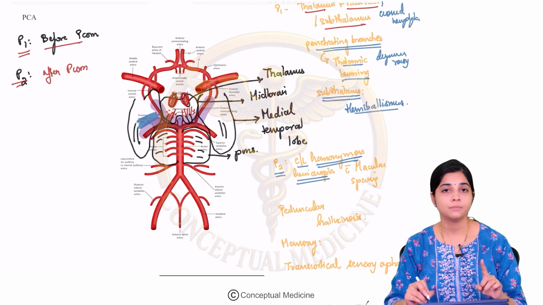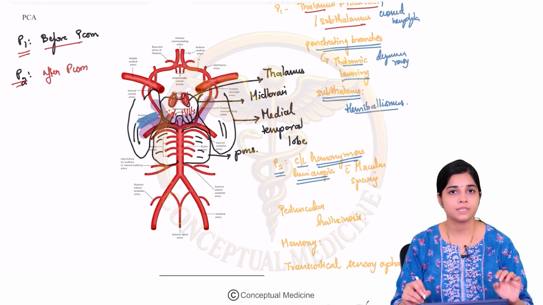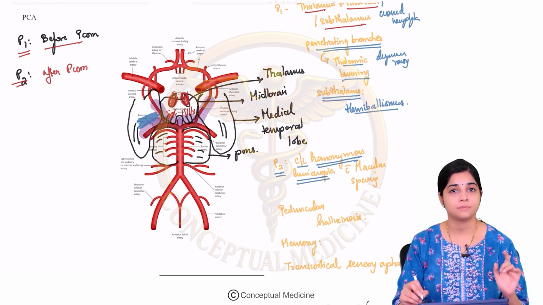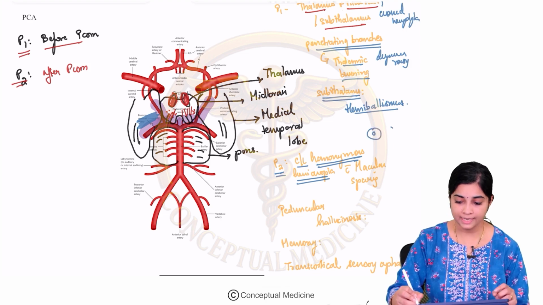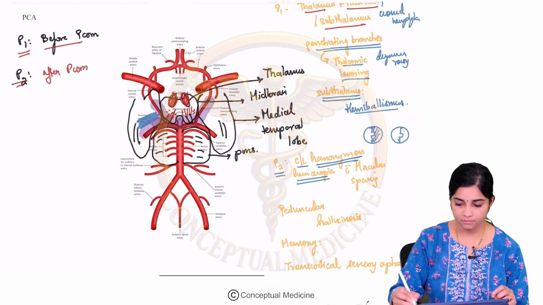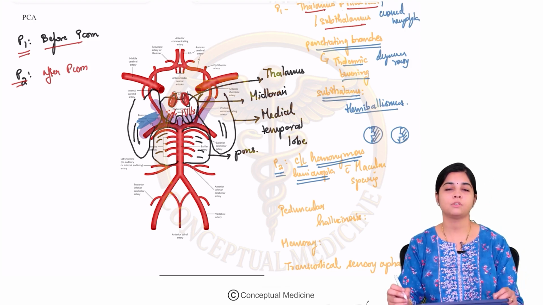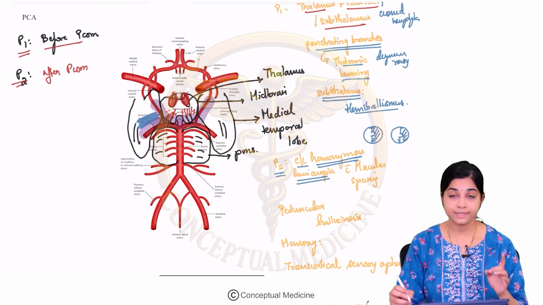We had learnt about homonymous hemianopia in MCA strokes as well, but they do not have this peculiar feature that we call macular sparing. So this is contralateral homonymous hemianopia with macular sparing. Contralateral homonymous hemianopia with macular sparing is a characteristic feature of P2 syndromes.